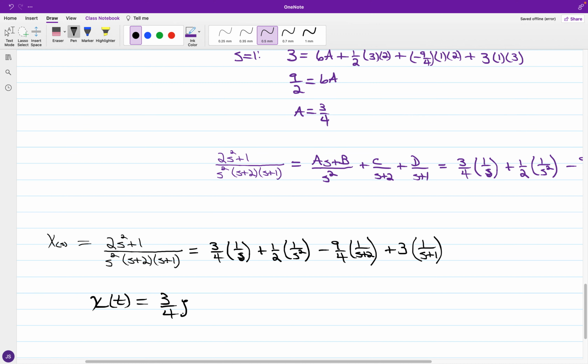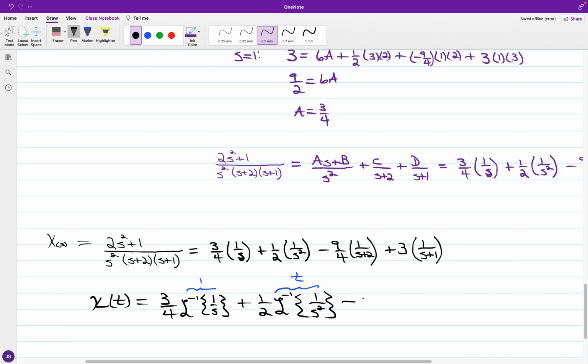Okay, so inverse Laplace transform of 1 over s. Okay, so this part will go to 1. Then we have plus 1/2 of the inverse Laplace transform of the reciprocal of s squared. Okay, well that is going to go to t.